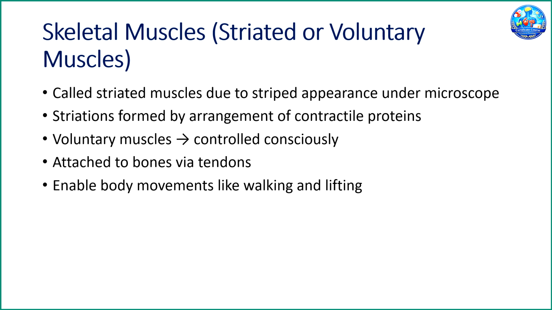This is because of their striped appearance when you see under the microscope. These stripes are formed by the arrangement of contractile proteins within the muscle fibers. These muscles are also called voluntary muscles, meaning that their movement is under conscious control, and they are attached to the bones by tendons, enabling body movements like walking and lifting.